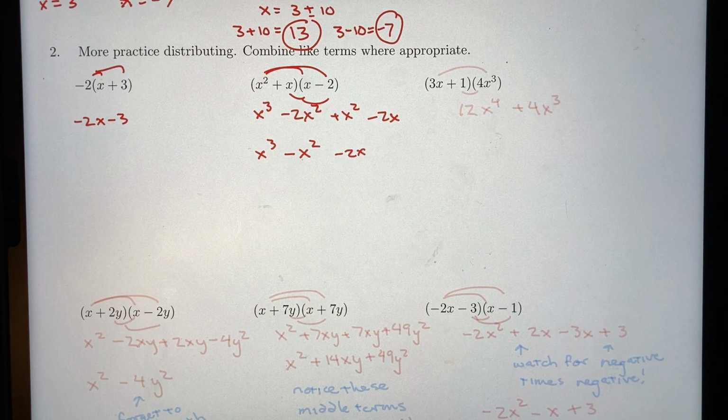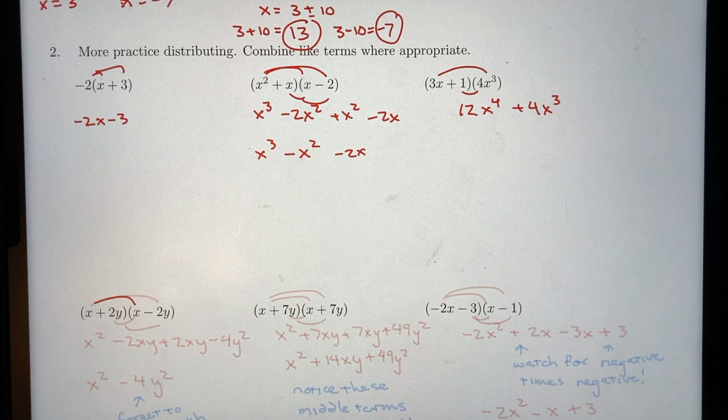Okay, and again, you don't change the exponents when you're adding and subtracting. You do change the exponents when you're multiplying. x times x cubed is x to the fourth. And then no like terms because they have different exponents, so we're done.